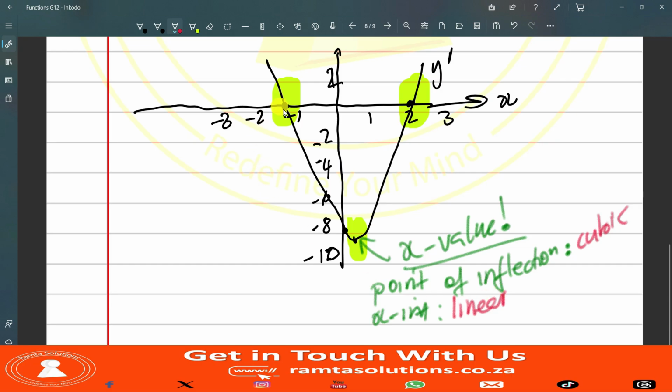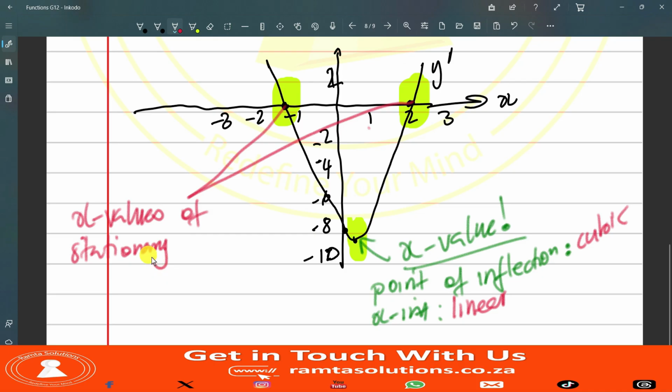Okay, now these two guys, what are they? They are x values. They are x values of stationary points of a cubic. X values of stationary points of who?